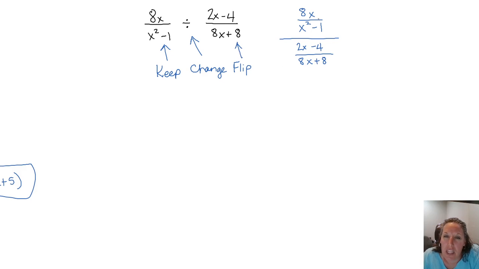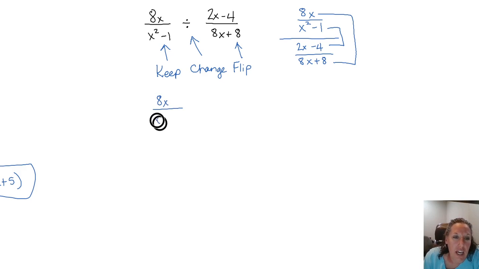This is the same type of thing you might remember, you multiply your outsides together and your insides together. If it's in that complex fraction format, it gives us the same basic idea. I'll point that out in just a minute. So we're going to keep that first fraction exactly as it is, 8x over x squared minus 1. We're going to change that division to multiplication, and we're going to flip that second fraction.